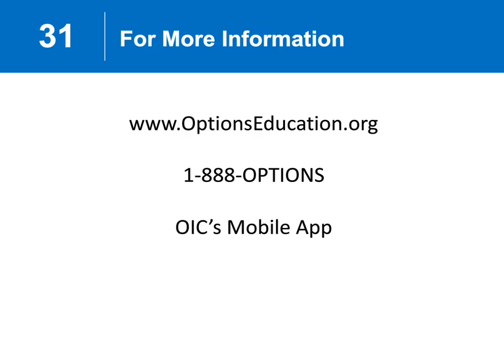Again, delta is expressed as a percentage. If an option is said to have a delta of 70 or 70%, and we're talking about a call option, if the stock were to rise $1, the call option in question is expected to gain 70 cents.